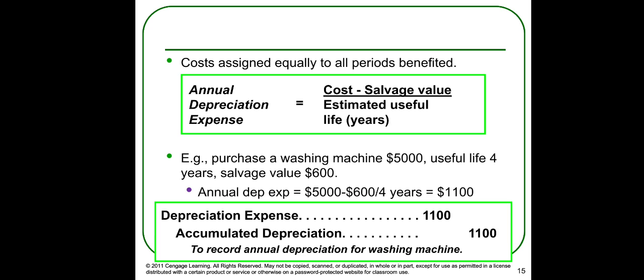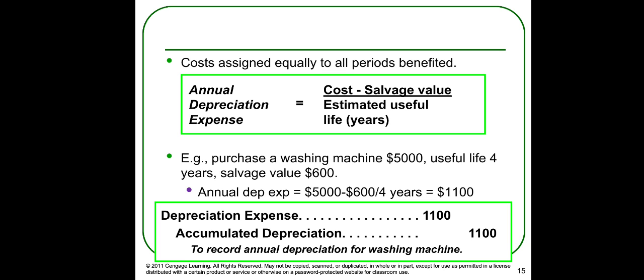Let's say machine A, machine B, machine C, machine D, and machine E. So at the end of every year, you have to calculate the depreciation expense for every machine. How much is the depreciation for machine A, how much is for machine B, C, D, and E.